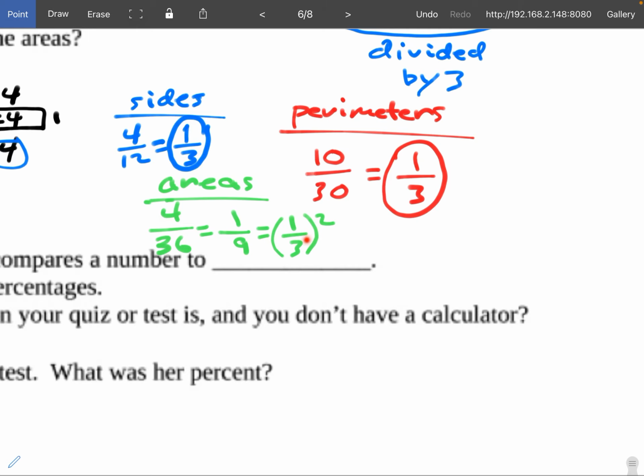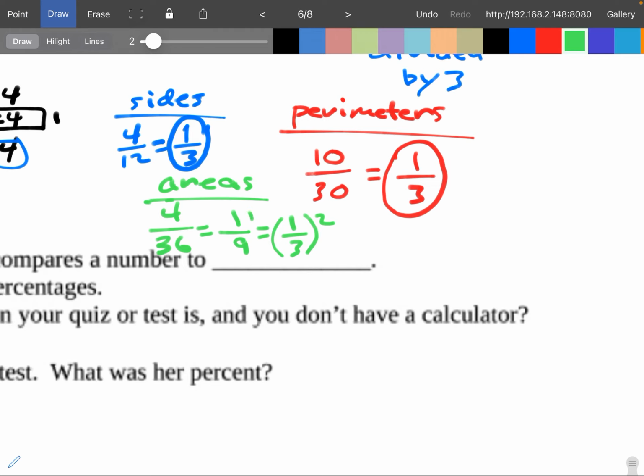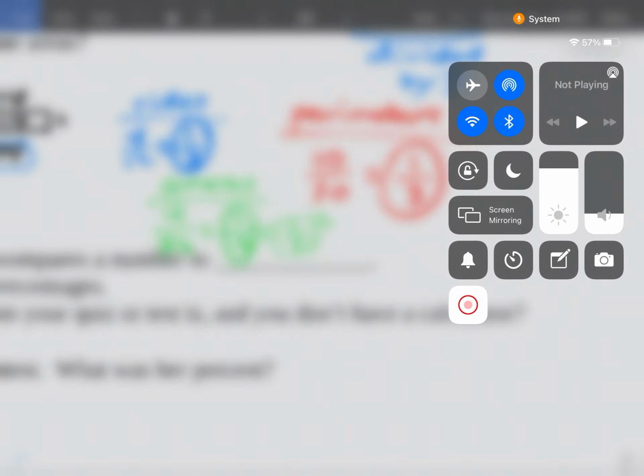The scale factor for the perimeters is 1/3. But the scale factor for the areas is 1/3 squared. So it's actually 1/3 times 1/3, which should give you this 1/9 right here. Does that kind of make sense? So if you find the scale factor for the sides, you automatically know the scale factor for the perimeters is the same. And then you just square that number to find the scale factor for the areas.